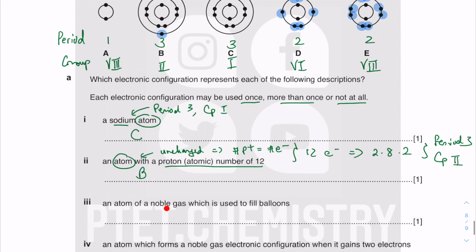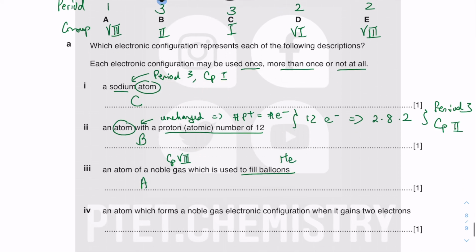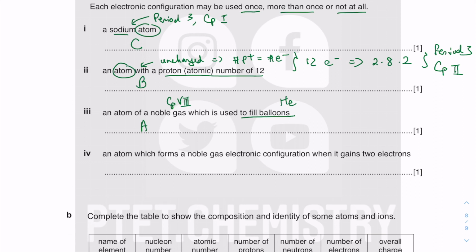An atom of a noble gas, group 8, used to fill balloons. This is definitely helium. If you have been to a party with helium balloons, they always say helium balloons. That is because it's a noble gas used to fill balloons. An atom which forms a noble gas configuration when it gains 2 electrons.